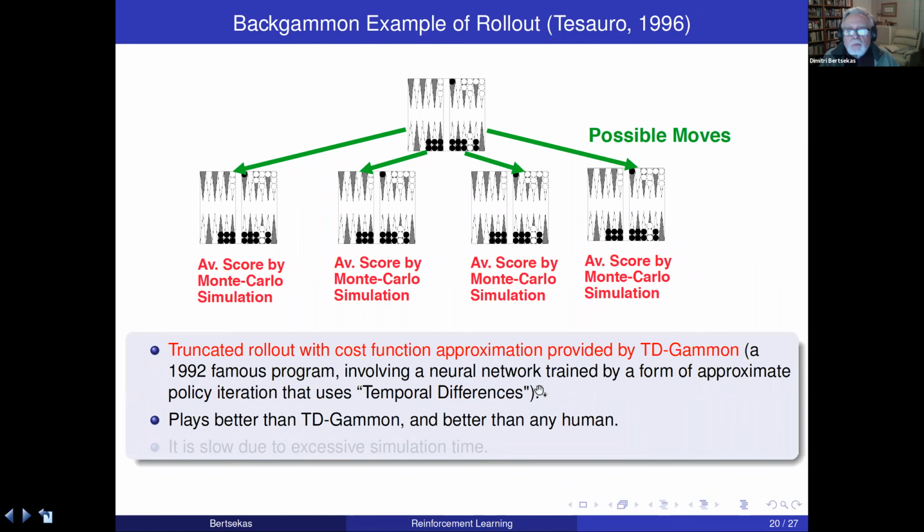But this rollout played much better. It was extremely good. In the backgammon community, in fact, people think that a rollout player is the optimal player. That's not true, okay? It's still suboptimal, but it plays so well that people think that it is exactly optimal.